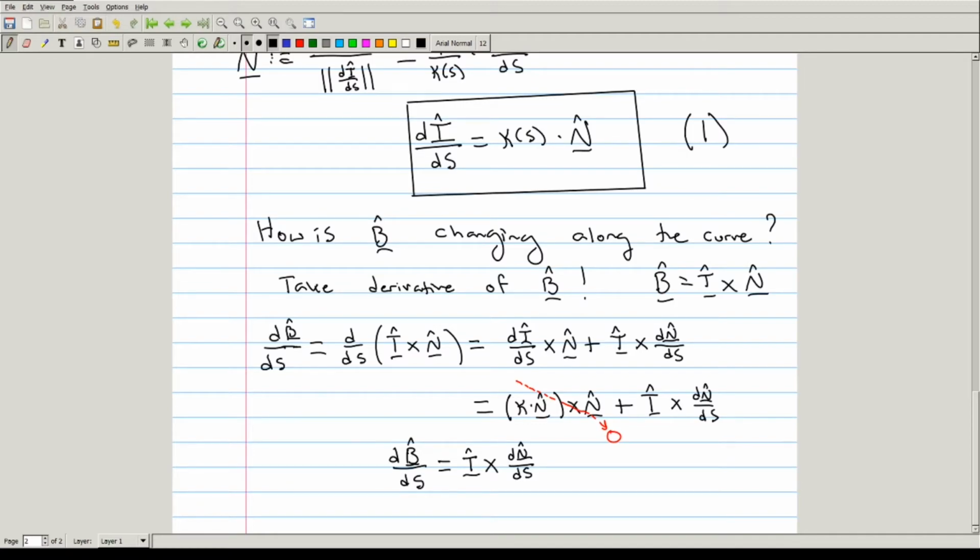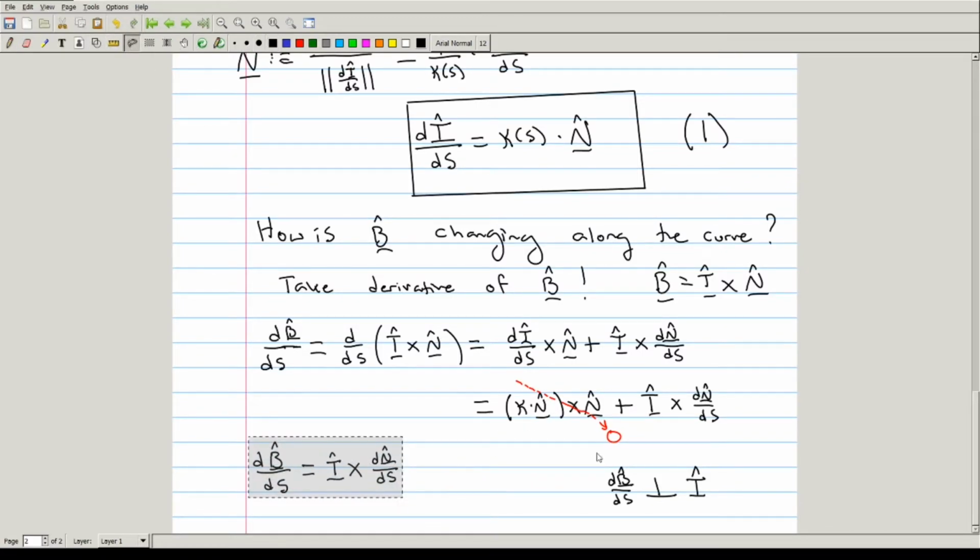We can conclude that this dB hat/ds must be perpendicular to the unit tangent vector, and it must be perpendicular to the derivative of the unit normal vector with respect to arc length.